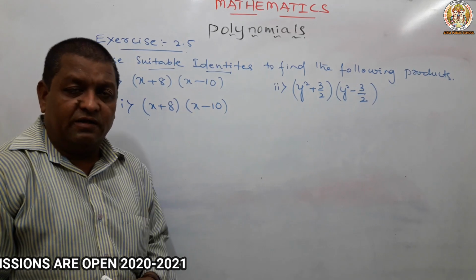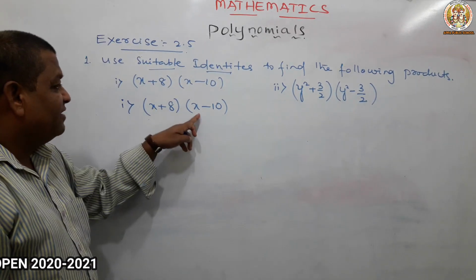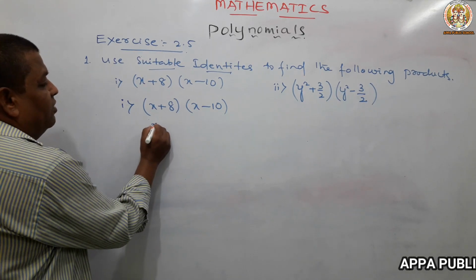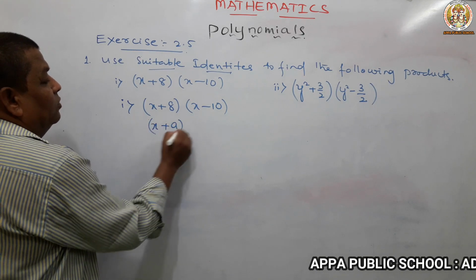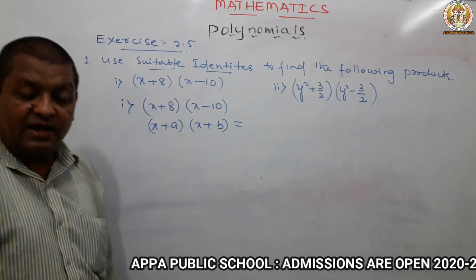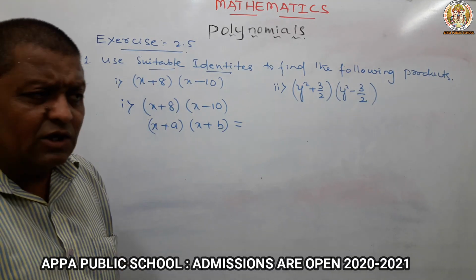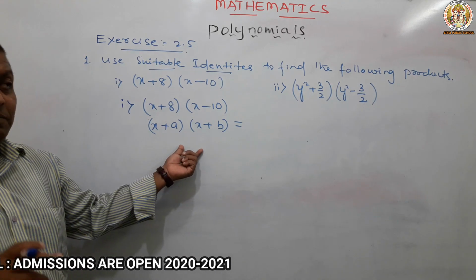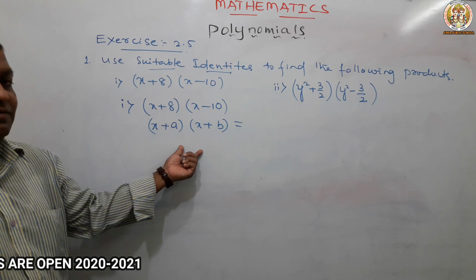In which form is it? Definitely it is in the form of x plus a into x plus b. Just now I gave the formula for this: x square plus a plus b into x plus ab.